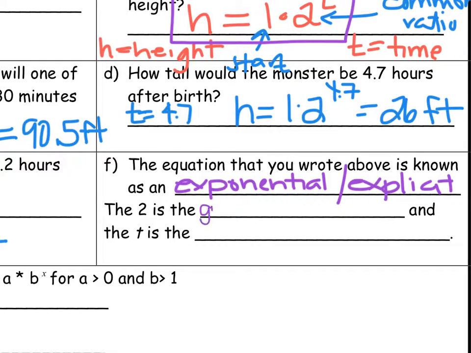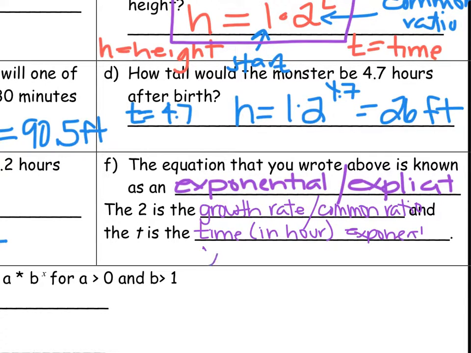It's the growth rate. It's the common ratio. And the t in this case is the time. In our example, it's the time in hours. That's the same as our exponent. And that's our x value. It's our input.